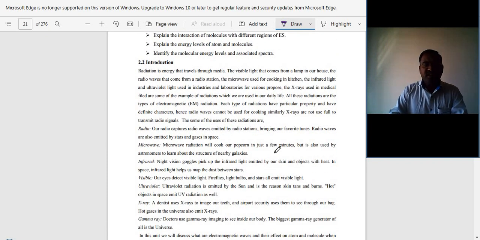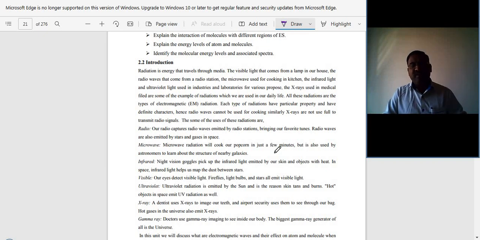Generally, radiation is the energy that travels through a medium.